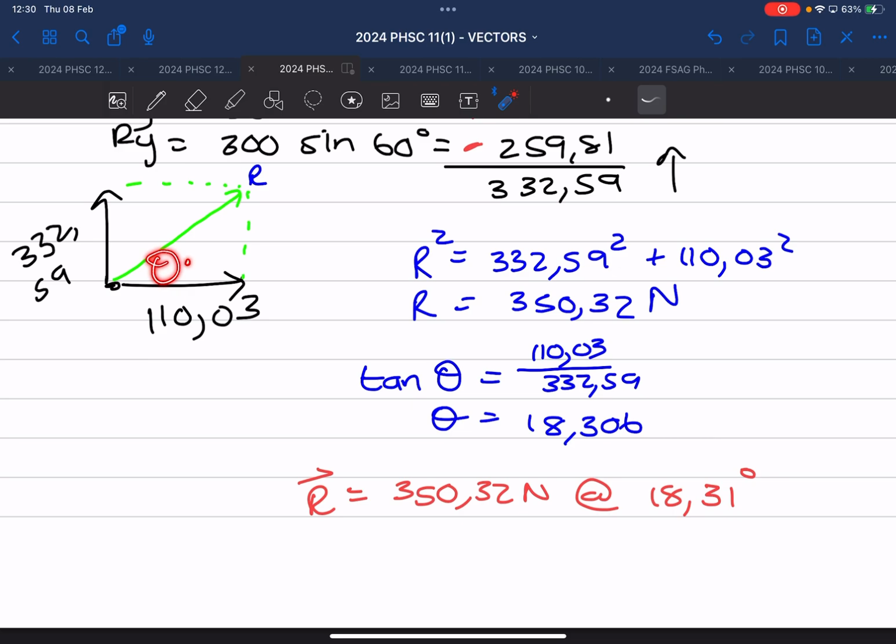Then you're going to have to subtract it from 90 degrees to get that angle. If you leave it at degrees, then you have to give it from the 0 degree line. If you got yours to be 71.69, then you have to say that degrees from the horizontal, meaning you got that angle from the horizontal, that is the angle. So you have to add from the horizontal.